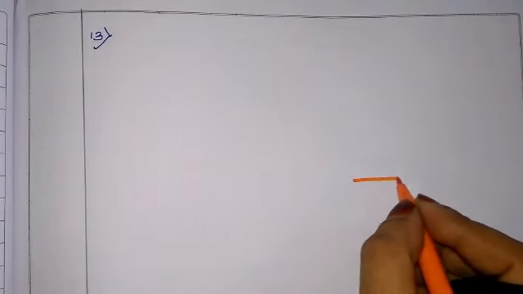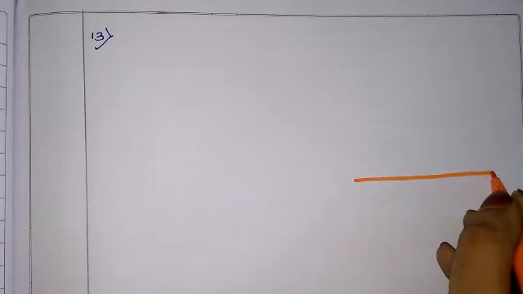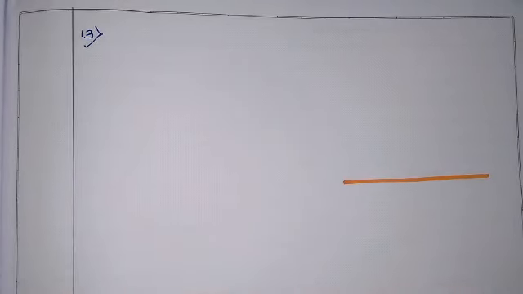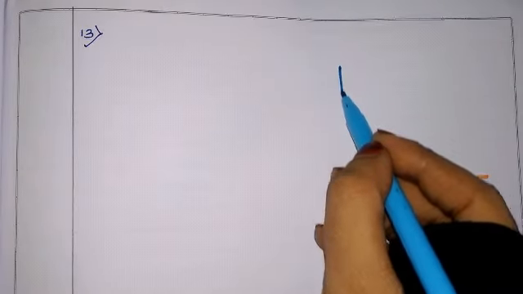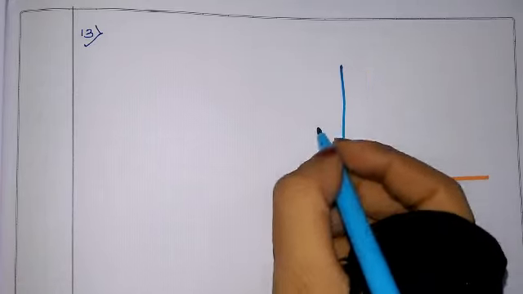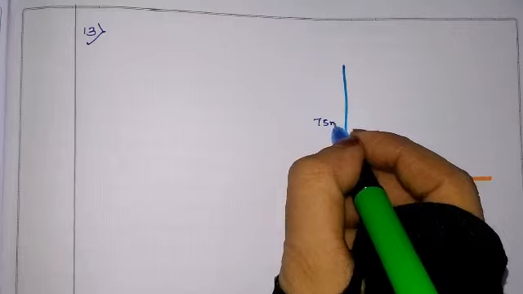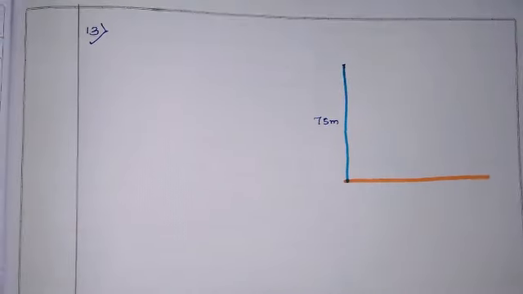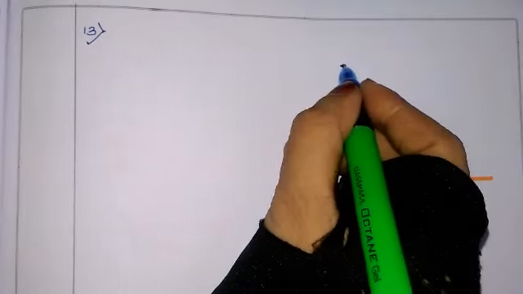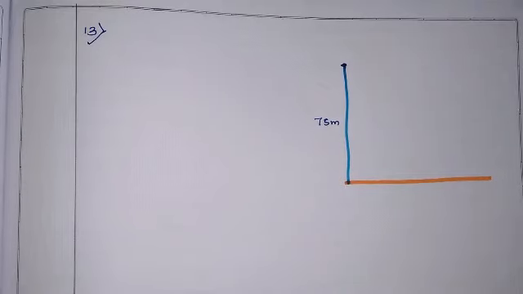Let me read. First, let me write this is the sea level. I have drawn this as sea level. As observed from the top of a 75-meter high lighthouse, first let us draw one lighthouse, that is the 75-meter high lighthouse.